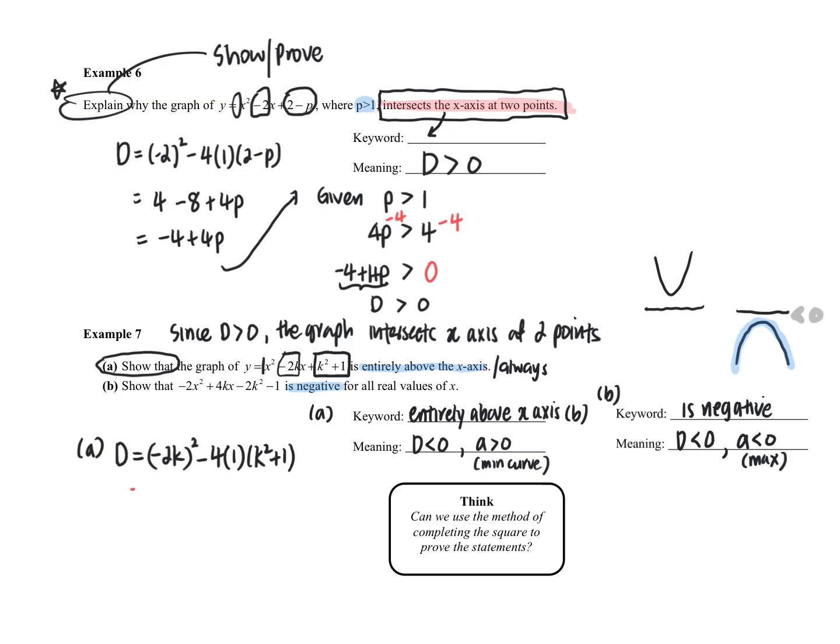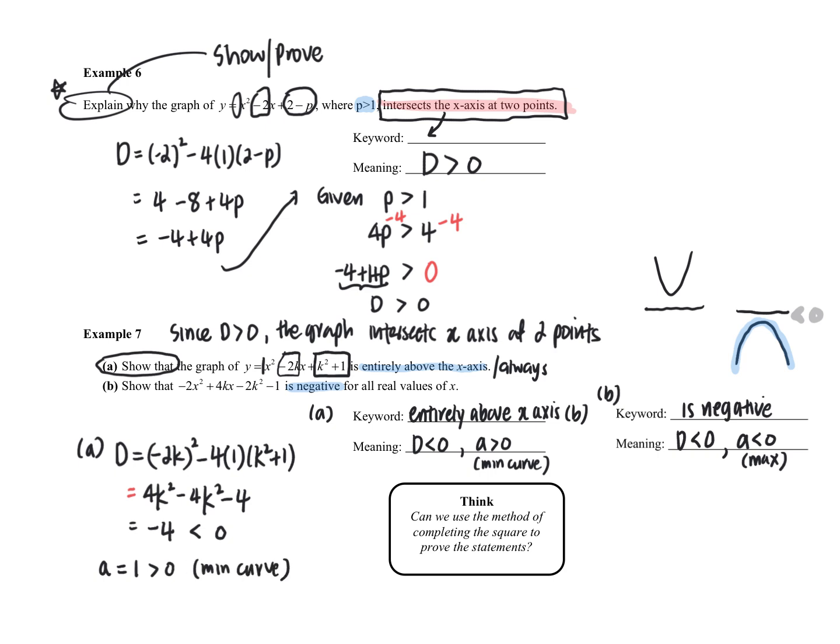Whatever happens, just embrace first, expand, simplify, and see what you get. Although it looks scary at the start, sometimes it's as simple as it gets. So you see the 4k square cancels out, it is exactly negative. So we have proven that discriminant is negative, and the coefficient is positive, which is a minimum curve.